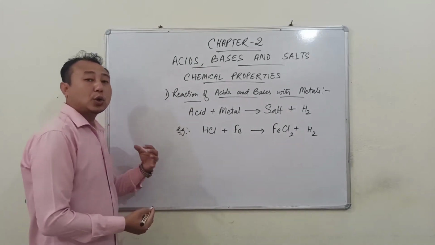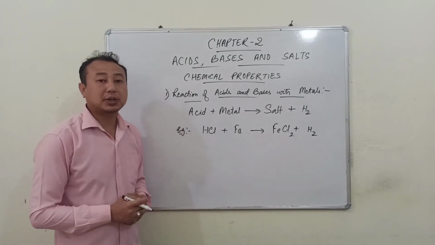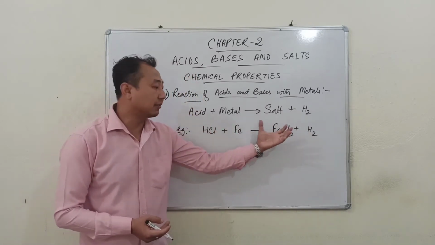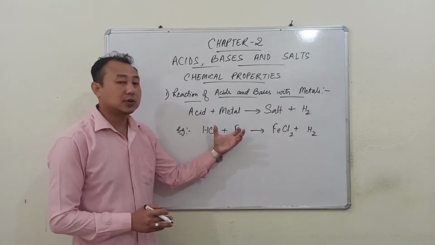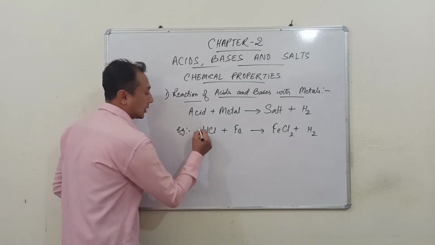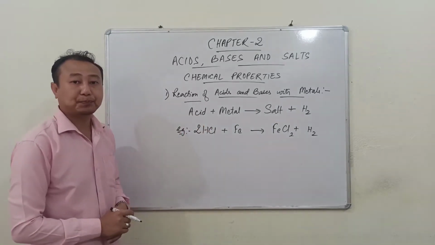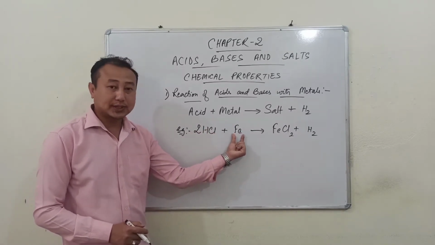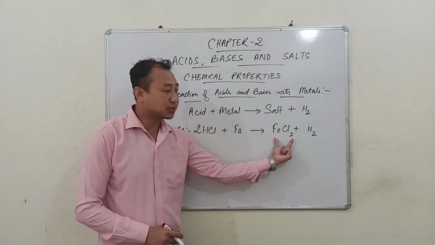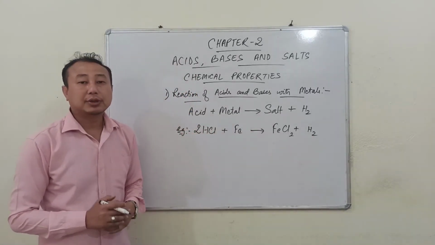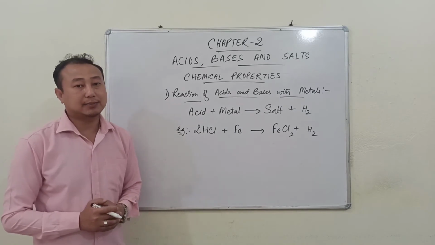As told before when we were discussing in chapter number 1, when you give an example in the form of a chemical equation, it should be a balanced chemical equation. So in order to balance it, I am going to put 2 here. So here, an acid reacts with a metal, and it forms salt and hydrogen gas. This is one example of the reaction between an acid and a metal.